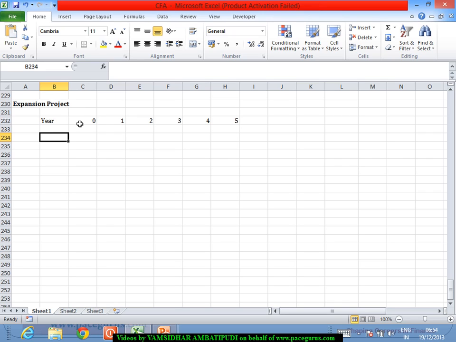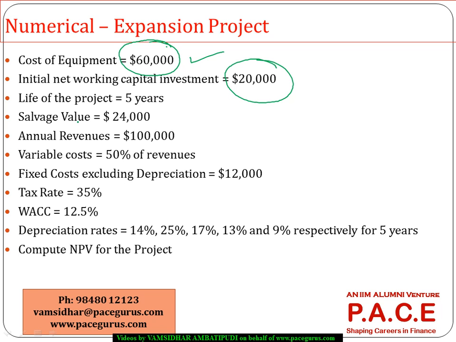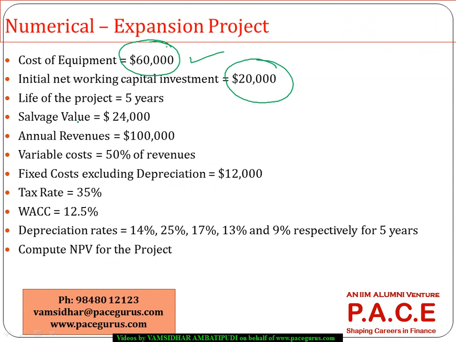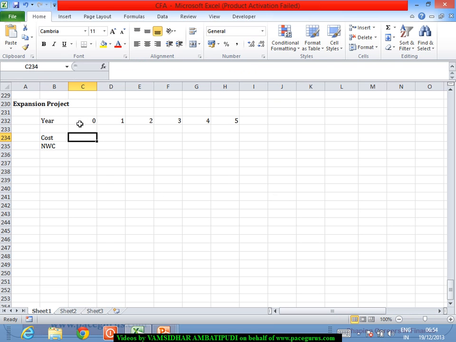Now, at the beginning right now, what all is incurred? The fixed costs, which are the cost of the equipment, as well as the net working capital investment. These are the two cash flows that are involved. So the initial outlay will include the cost of purchasing that asset plus the net working capital investment required.